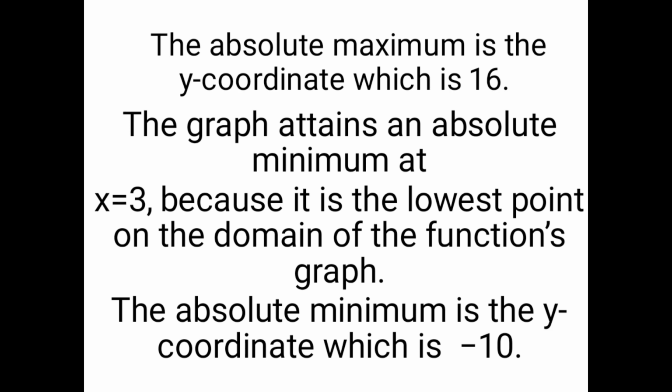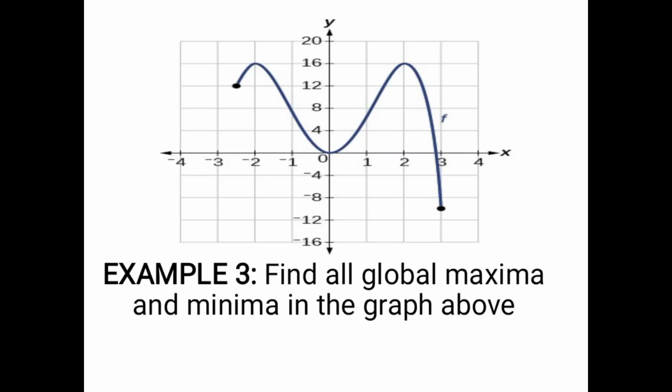The graph attains an absolute minimum at x equals 3 because it is the lowest point on the domain of the function's graph. The absolute minimum is the y-coordinate, which is -10. So at x equals 3, f of 3 gives -10.